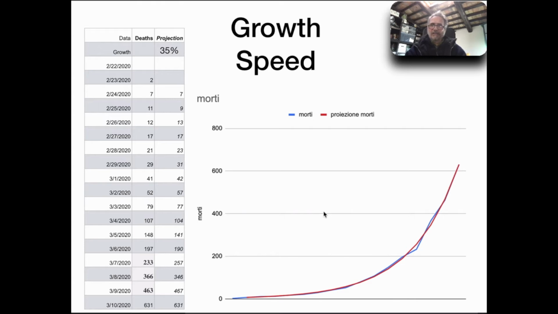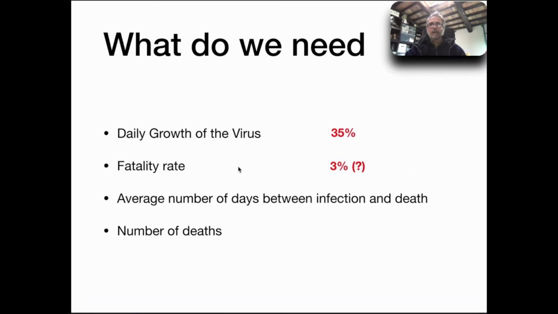And this is how it goes up and how it looks like it is growing. So now we can say that the growth of the virus is about 35%.